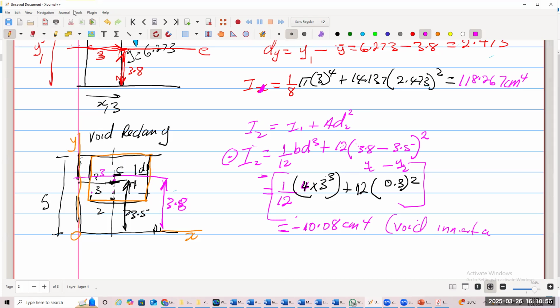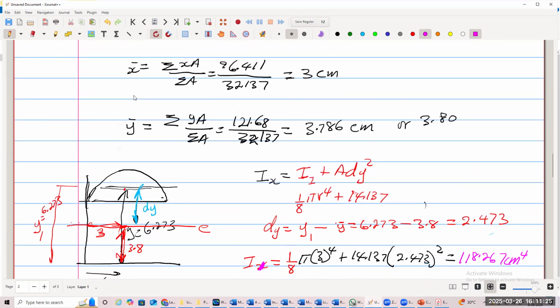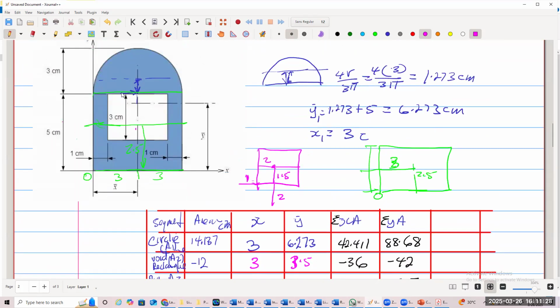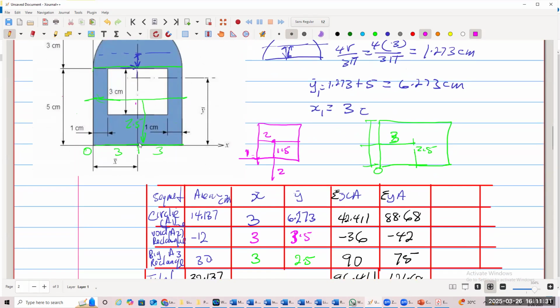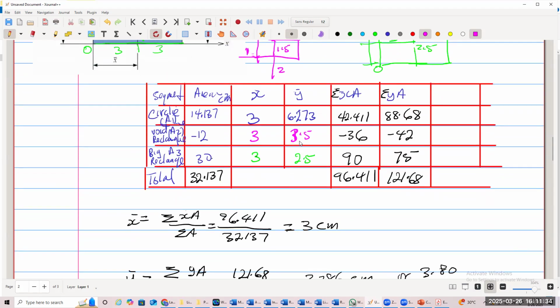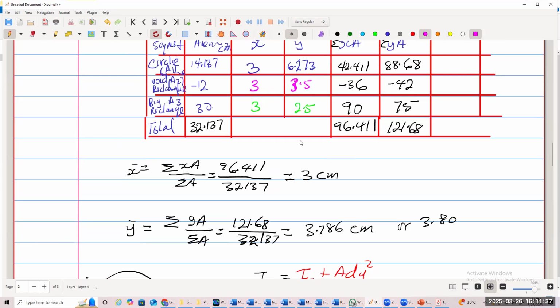The void was, hold on. 3.5. Let me just see. H2 was just 12 times, hold on, let me see if we get that right. Which one is it again? The circle. So what was the distance that we're getting? We got 3, I didn't get 3.5.